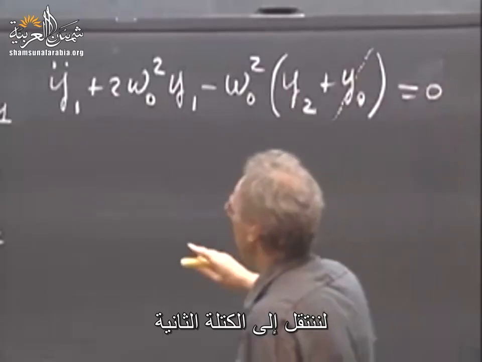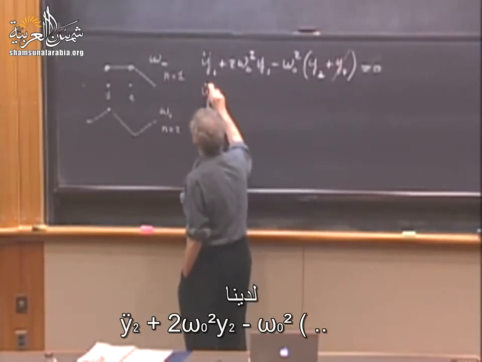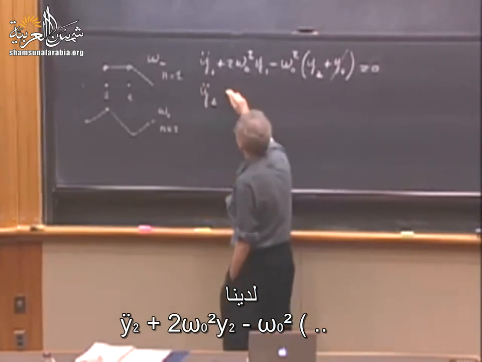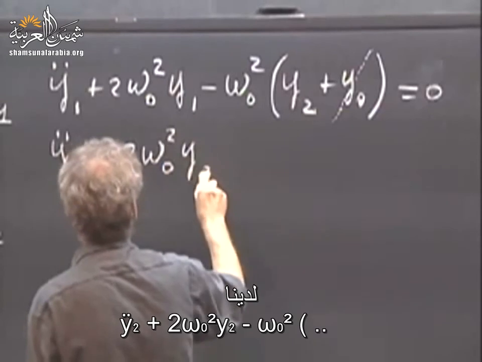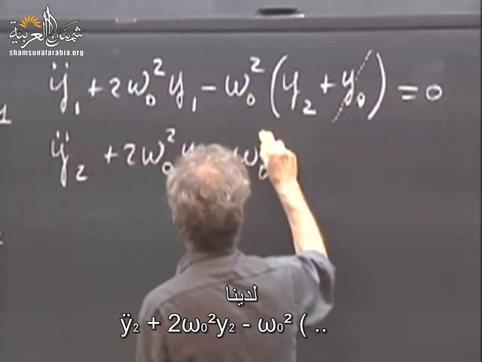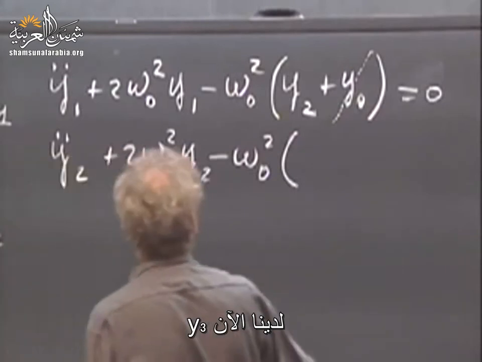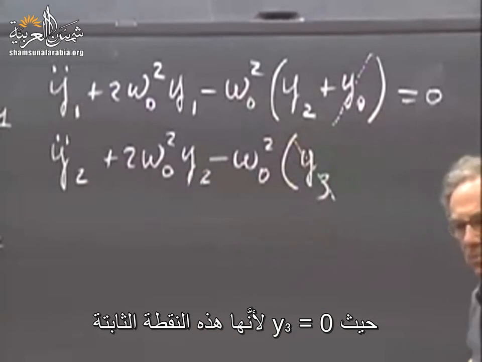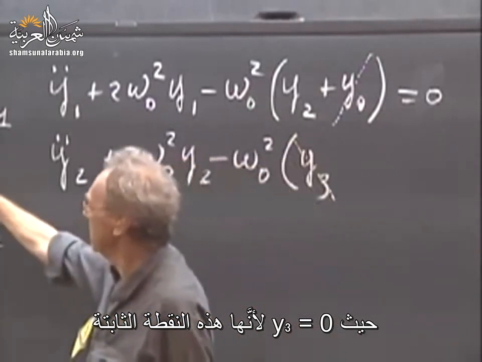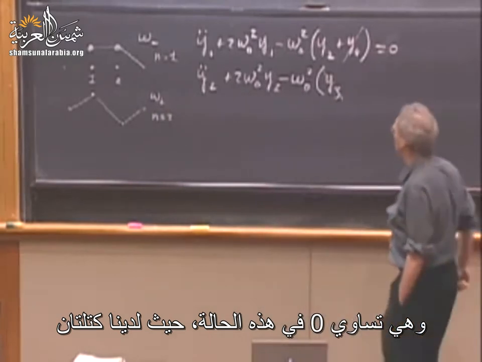Now we go to the second particle, and so we get y2 double dot plus 2 omega 0 squared y2 minus omega 0 squared times P plus 1, which is number 3, which is y3, which happens to be 0, because y3 is this point, and that's 0, in this specific case with only 2 objects.